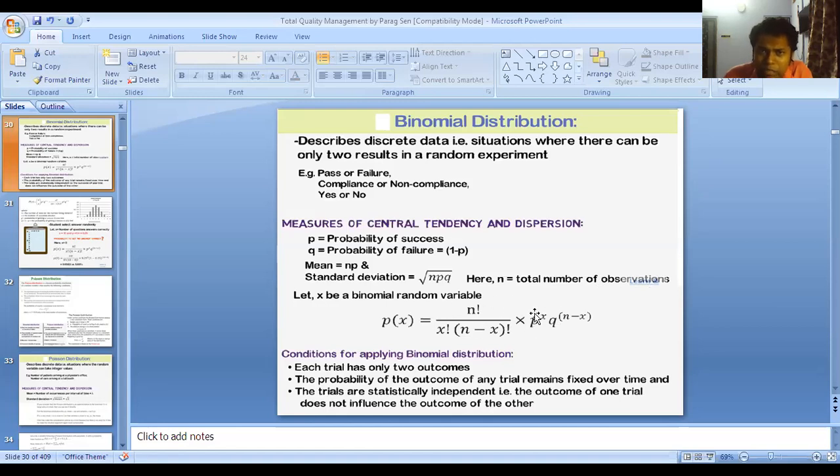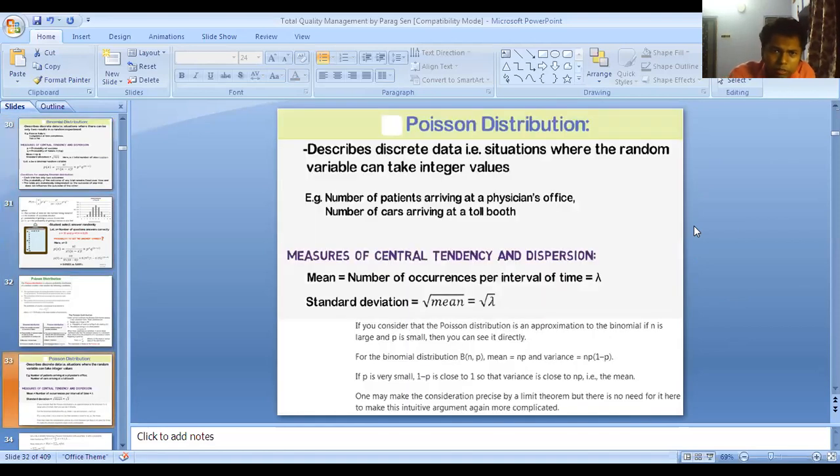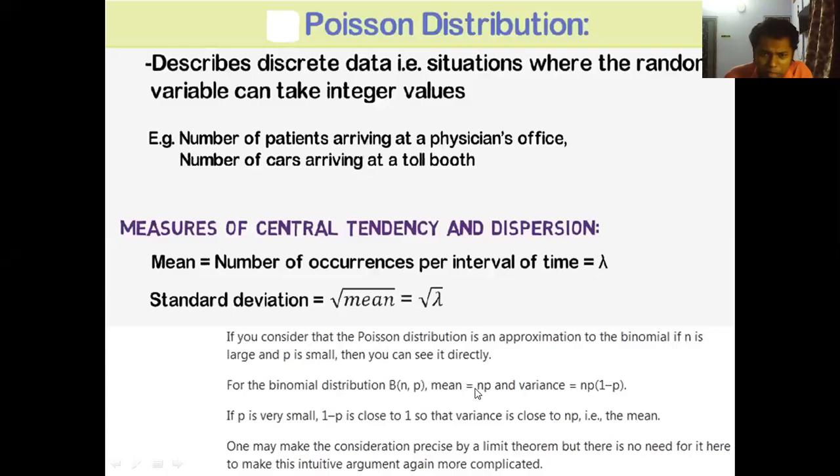So n is your total number of observations, and p is your probability of success. Previously I said that mean is given by np and variance is given by npq, where q is equal to 1 minus p.